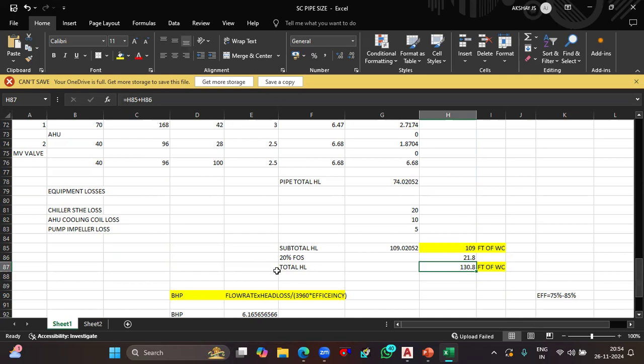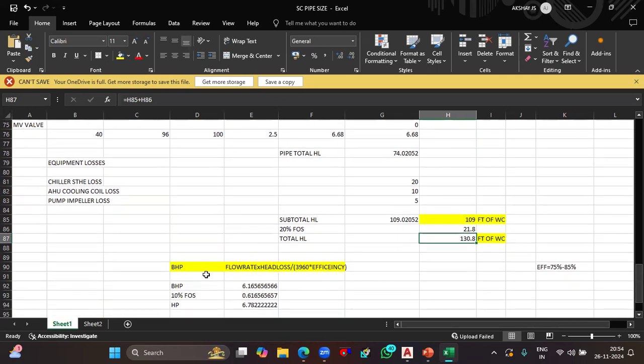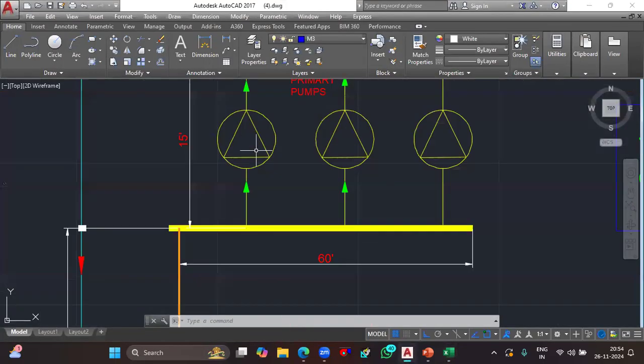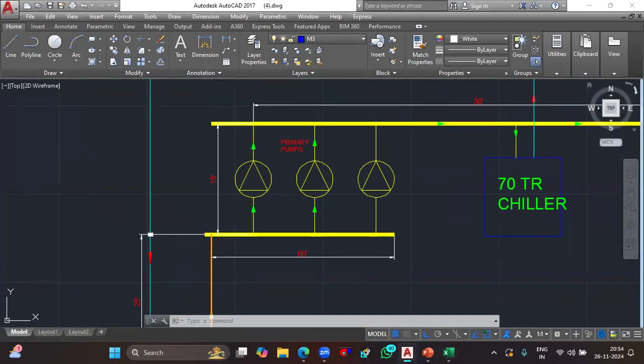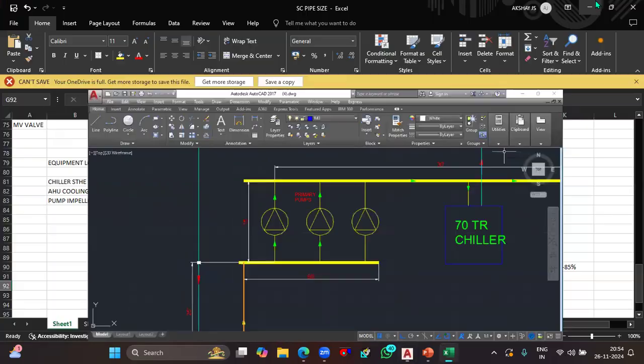Now, let's talk about the BHP calculation. Head is not the exact aspect that we need to consider. Rather, we need to find out the HP of the machine. In the case of HP, the equation is flow rate into head loss divided by 3960 into efficiency. What is the flow rate here? A single pump will only carry 168 GPM.